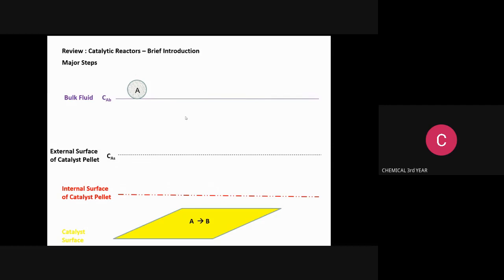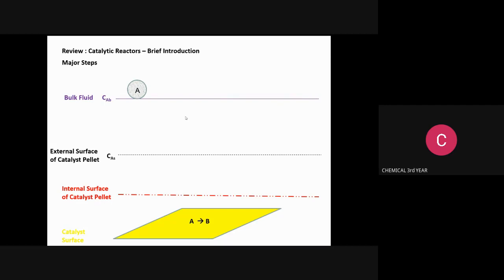Okay. Automatically, you can understand the catalytic pellets, external and internal surface, and how the concentration of B, inside the reactor, fed or catalytic, is named as B. Okay.